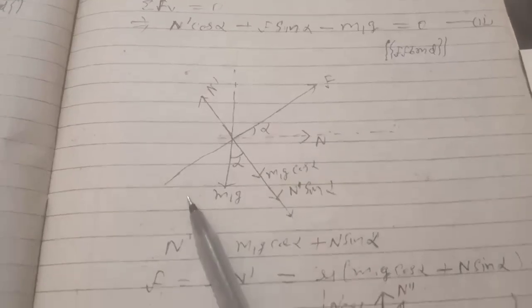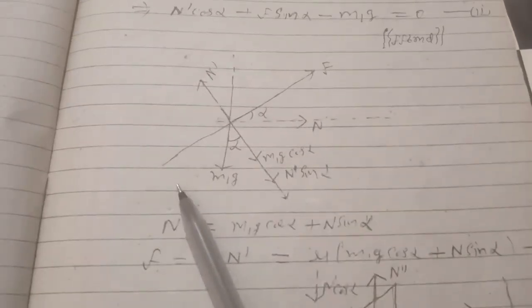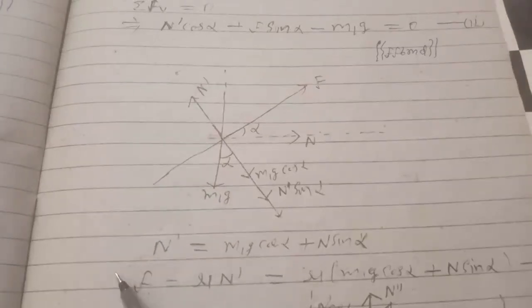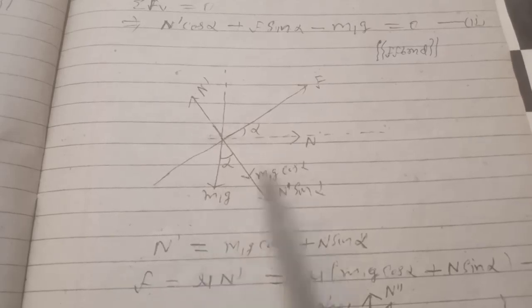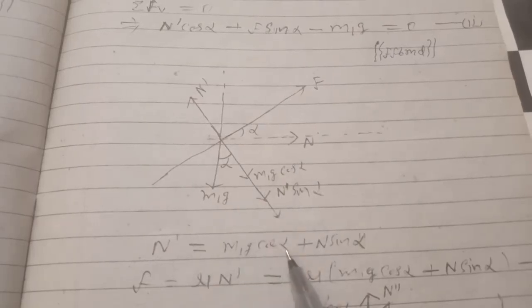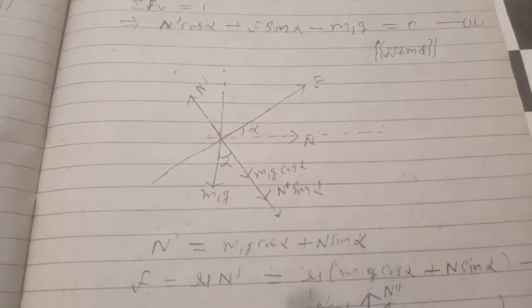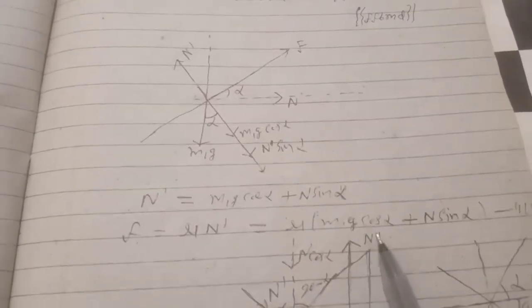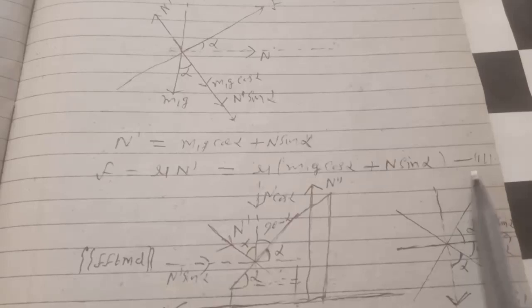Force of friction is not shown. Taking the component in this direction, it will be m g cos alpha plus N sin alpha. Again F will be mu into N dash, mu into m g cos alpha plus N sin alpha.